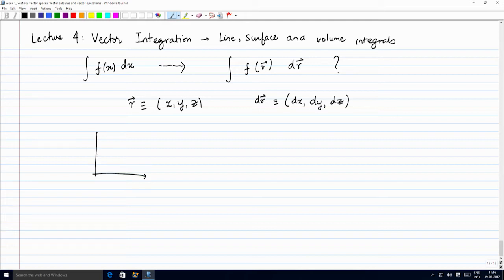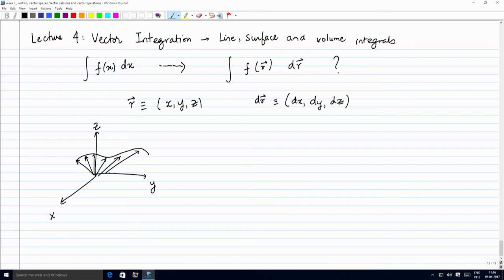Suppose you have x, y, z, and your r is some vector that points anywhere. When you integrate the r vector, you can either integrate along a line. So you take all possible r values along this line.